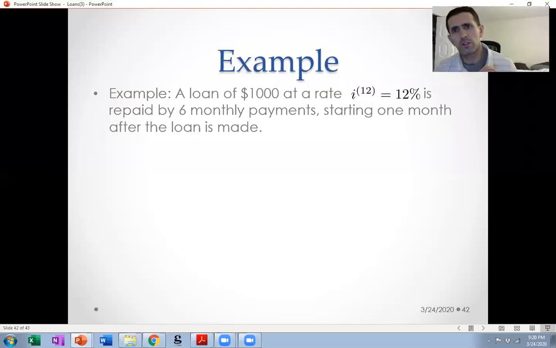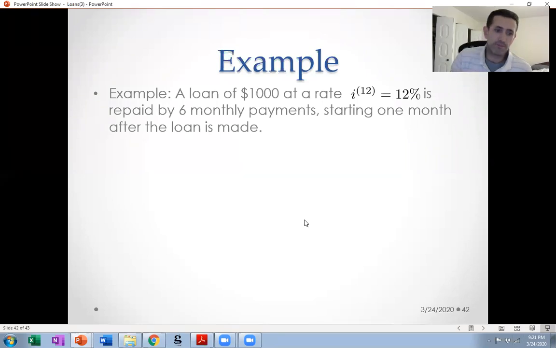Okay, so in this short video, I just want to do an example that is similar to the homework, similar to homework 3.1.11. And so the problem is we have a loan of 1,000. The nominal monthly interest rate is 12%. And this loan is repaid in 6 monthly payments, as usual, starting 1 month after the loan is made.